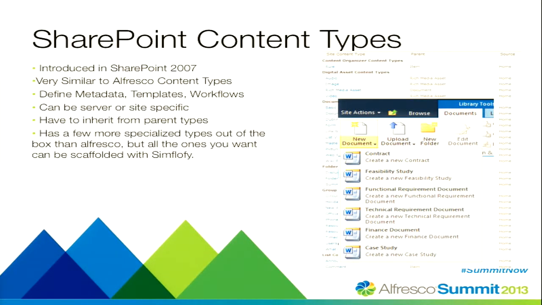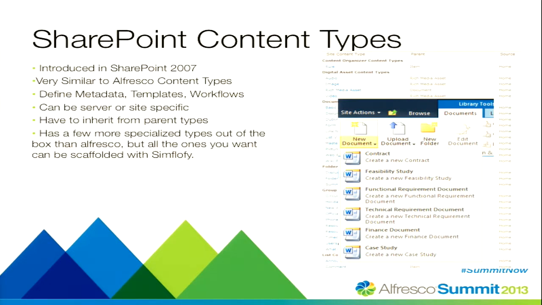Now SharePoint content types are, for the most part, one-to-one mappings with Alfresco. There's a couple differences I'll go over. They have a bunch of out-of-the-box ones. Frankly, they have so many out-of-the-box ones, I don't know how a user ever actually finds the ones they want to use. They can be site-specific, and customers can give users the rights to create their own content types.